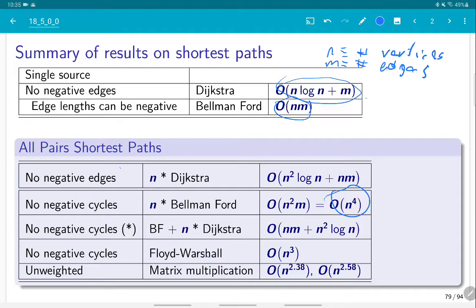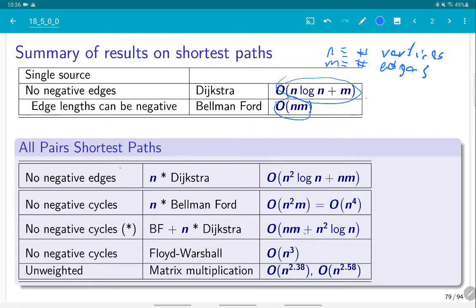Now it turns out, by the way, I'm telling you this for general information. This is in no way something that we covered in the course, but there is a very clever algorithm that first runs Bellman-Ford and then runs Dijkstra n times. It uses something called a potential function. Then you do the all pairs shortest path in time nm plus n squared log n, which is better than Floyd-Warshall.